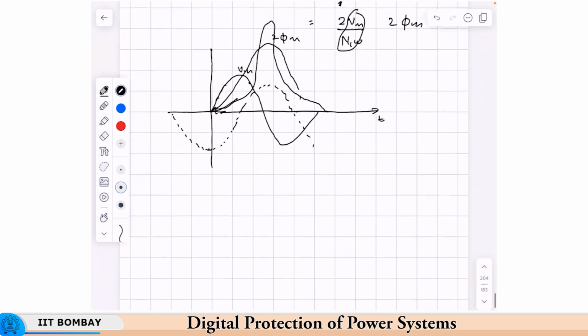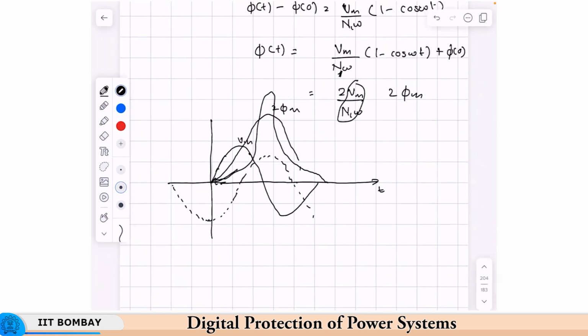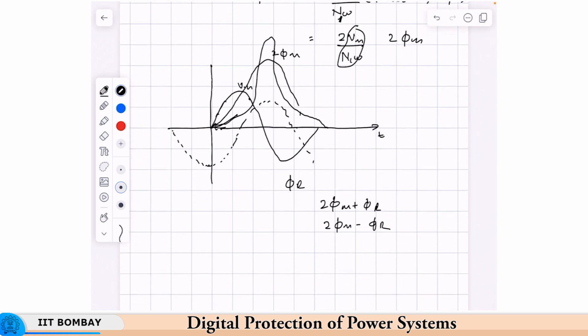Of course, it depends on what the remnant or residual flux is also. If that is positive, then the total flux will increase even further, so it will become 2 phi m plus phi r. On the other hand, if it is negative, then it will be 2 phi m minus phi r.